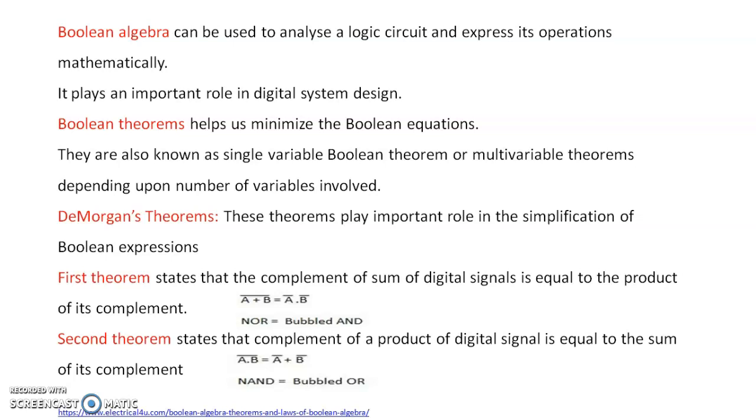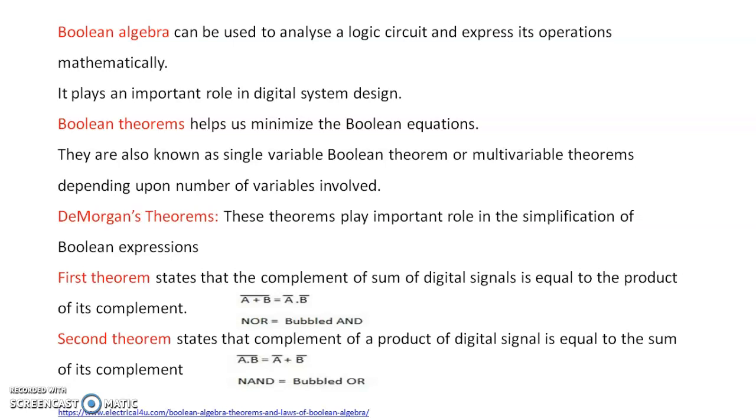In the first theorem, we are going to study that (A plus B) bar is equal to A bar into B bar. So (A plus B) bar is nothing but the NOR, and it is equivalent to the bubbled AND operation. When you perform the ORing of these two input variables, it is equivalent to the ANDing of those particular inverted input variables.